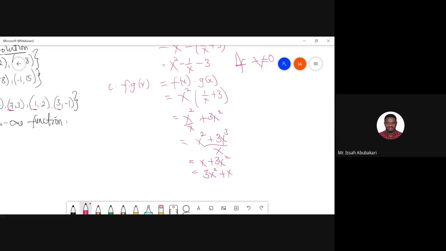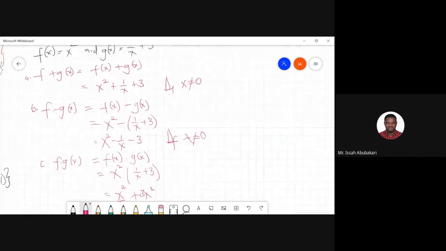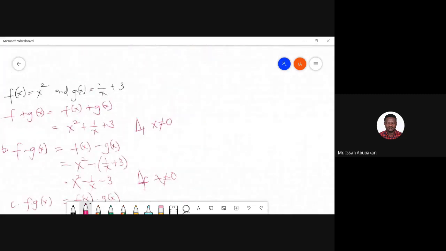Right. And the last operation, so let's say D. Let's do it up here. So D, when we have f divided by g of x, it is the same as f of x divided by g of x. And this can be written as x squared divided by 1 over x plus 3.